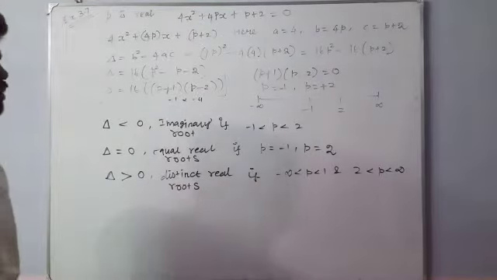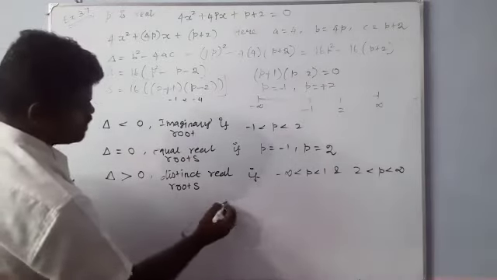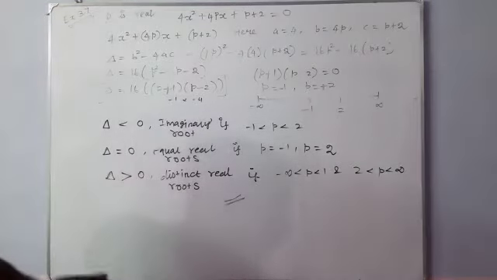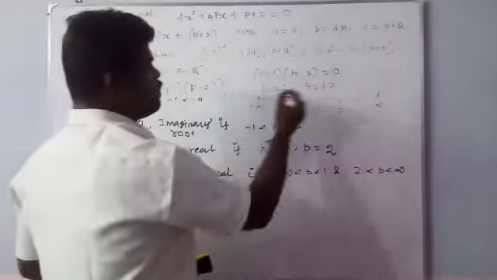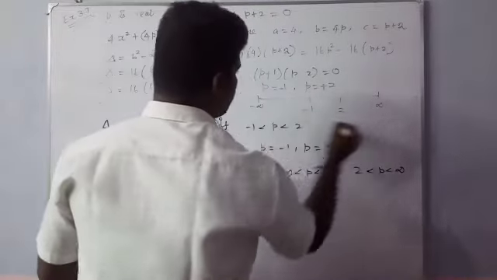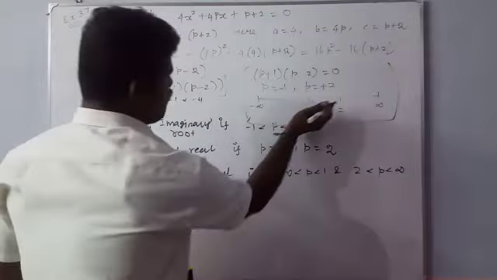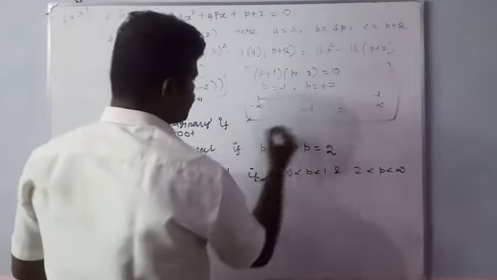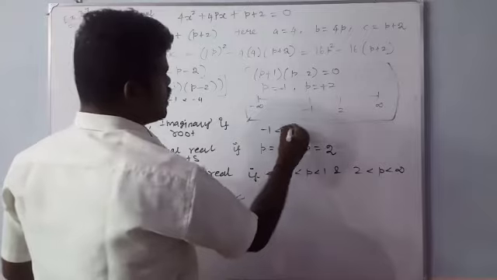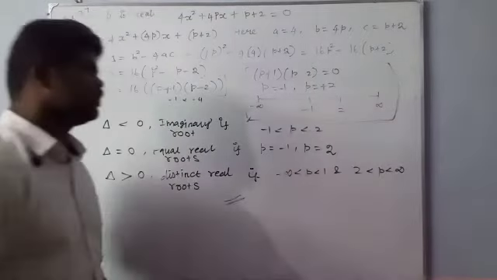That is the nature of the roots. Refer to this sum. Draw the number line, it is very easy. This is the rough work for you. Draw the number line. Minus 1 less than p less than 2.